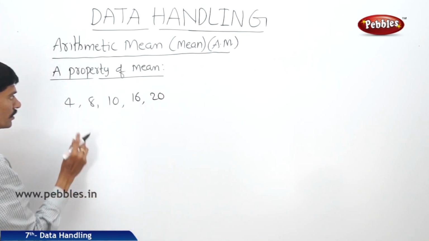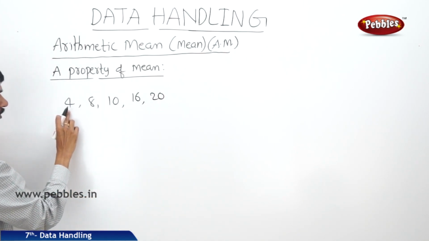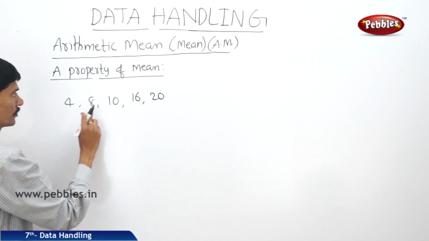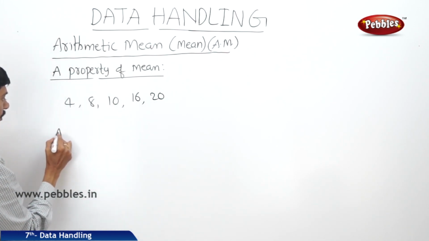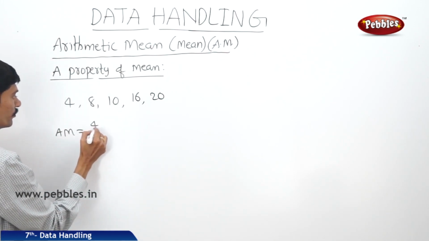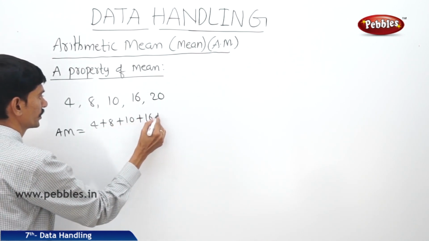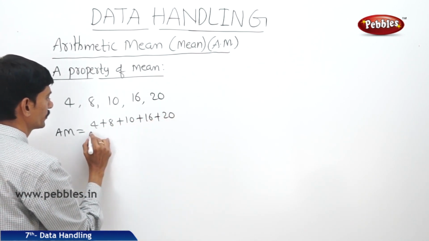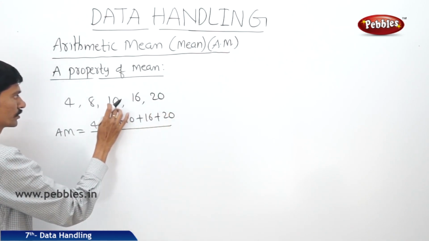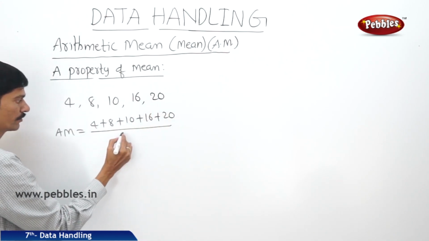Now let us find the arithmetic mean of all these observations. Arithmetic mean equals 4 plus 8 plus 10 plus 16 plus 20 divided by the number of observations, 1, 2, 3, 4, 5, so 5 observations, by 5.